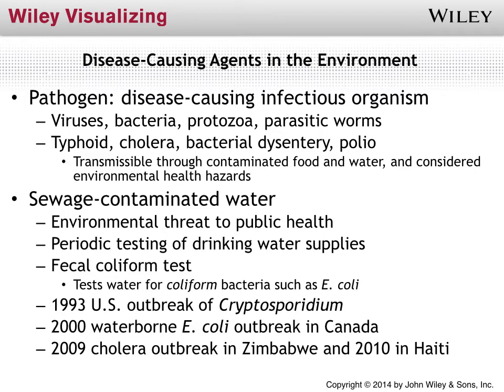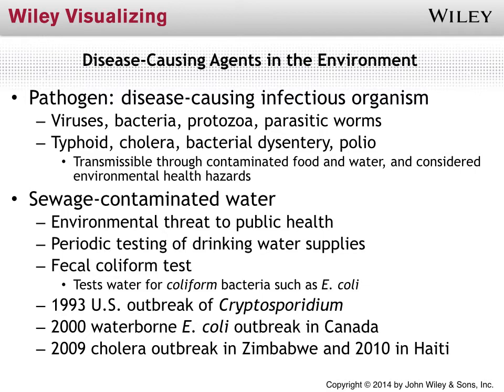We also have disease-causing agents that aren't created by humans. They're natural pathogens that cause disease: viruses, bacteria, protozoa, parasitic worms. Things like typhoid, cholera, dysentery, and polio are all transmissible through contamination of food and water.